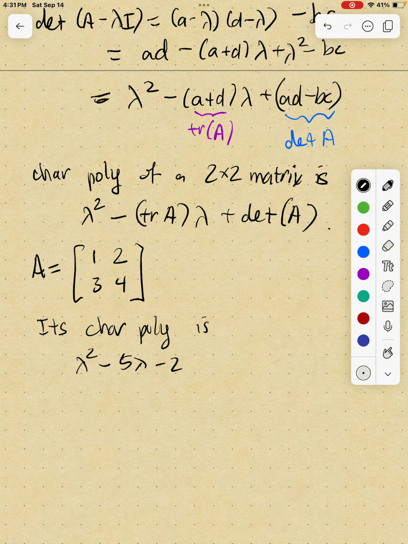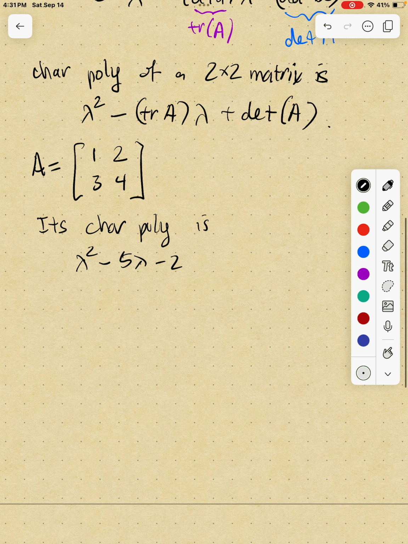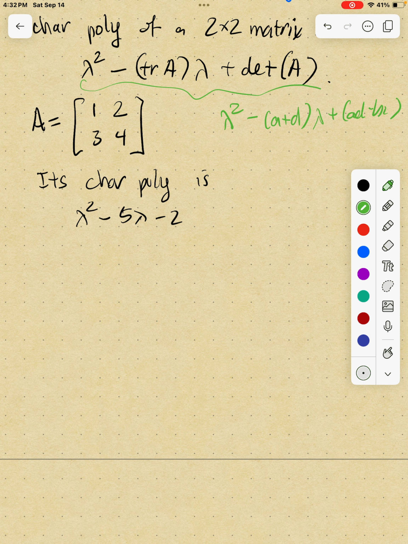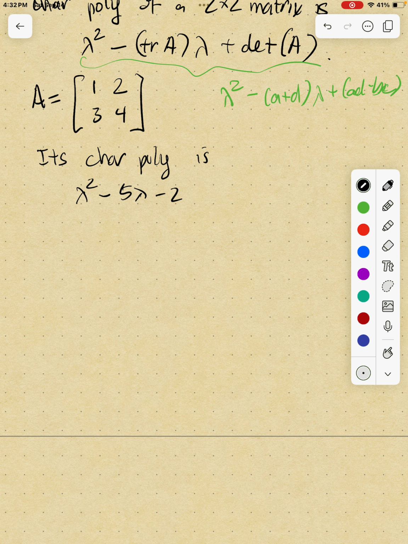Okay, and what are the roots of this? Well, if you have this characteristic polynomial, the roots are the eigenvalues. This has the form lambda squared minus (a plus d) lambda plus ad minus bc. So what are the roots of this? We can use the quadratic formula, right?